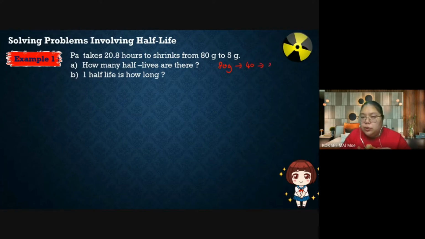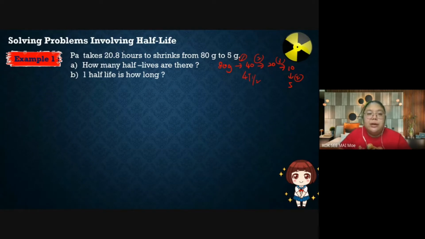Divide by 2, 20. Divide by 2, 10. Until 5, then we stop. So we're going to count. 1, 2, 3, 4. That means I got 4 half-lives. Agree? So from here, they ask you, how many half-lives are there? 4. You got 4. Okay?